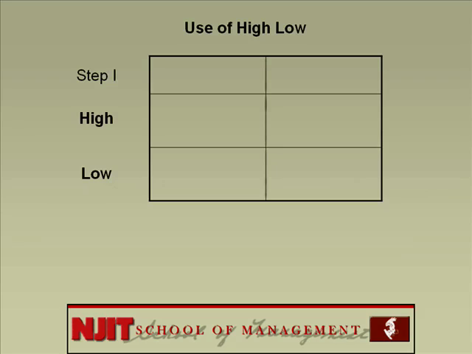How does the high-low work? The first step is to take 2 readings, take 2 activities. You look for the highest activity and the lowest activity. In this case, what's the highest activity? When she services 720 patients. What's the lowest activity?